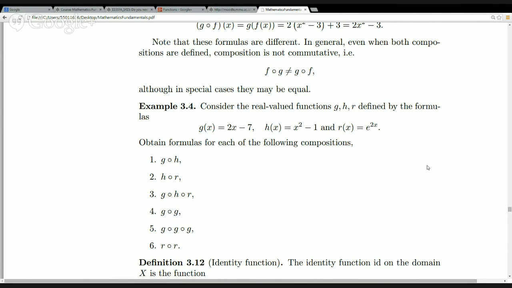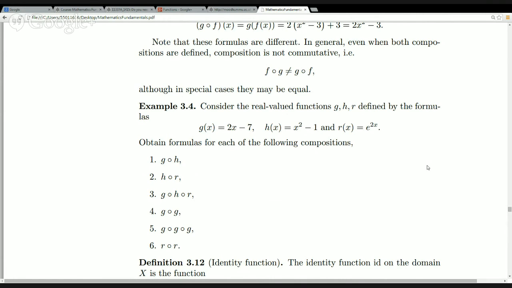Well, this is going to have some value as a formula. The inner G of x is 2x minus 7. But then you have to apply G to it. Now, what's the rule for applying G? You double the input and you subtract 7.